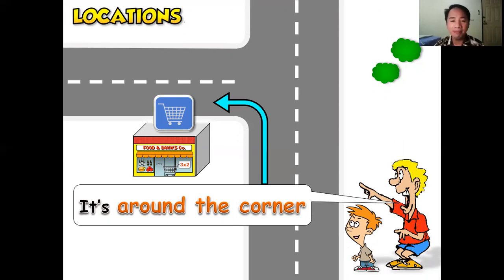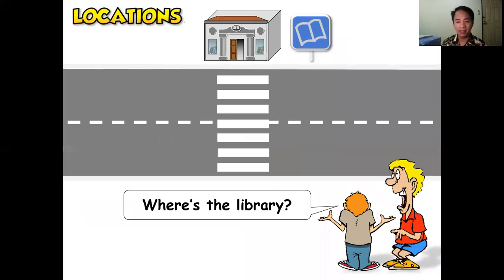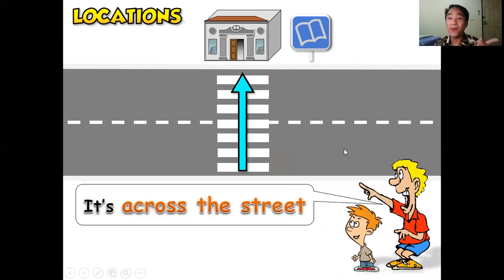Next example. How about this one? You are on the other road, and the boy is asking, where's the library? So what will you answer? This is the street now. You have to cross the street, and this is the library. Okay, the correct answer is, it's across the street.